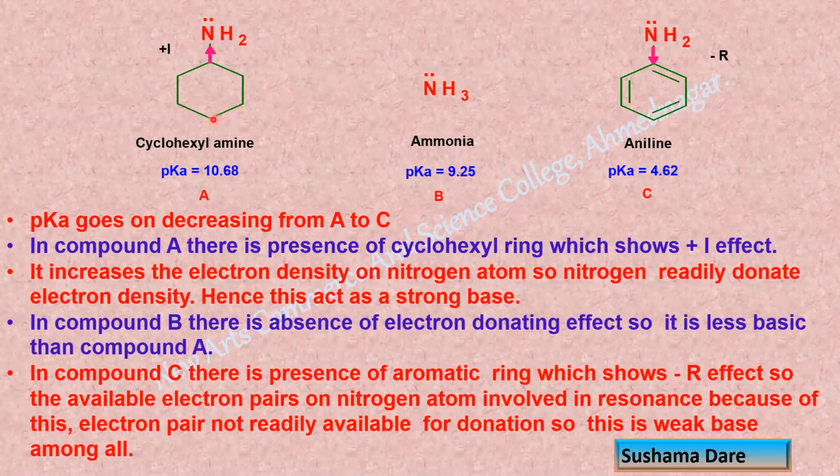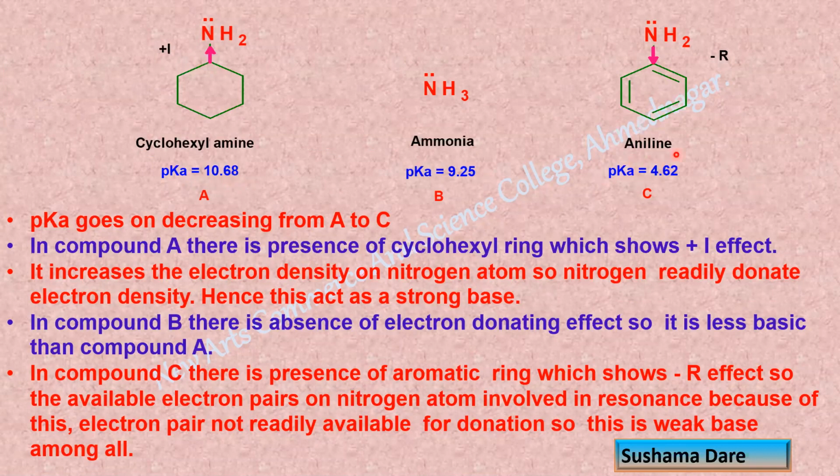In the aliphatic base, the cyclohexyl ring shows an electron donating inductive effect, that is plus I effect. So it donates its electron density to the heteroatom, that is the nitrogen atom. Because of that, the electron pair present on nitrogen is readily available for donation to a proton. As it readily donates its electron density, it has to be a strong base. You can see the pK is 10.68.